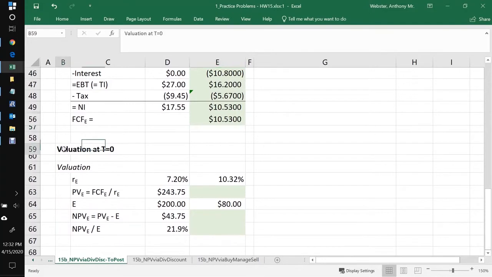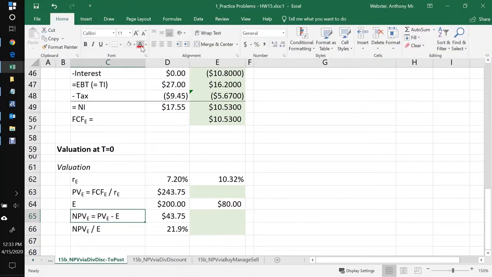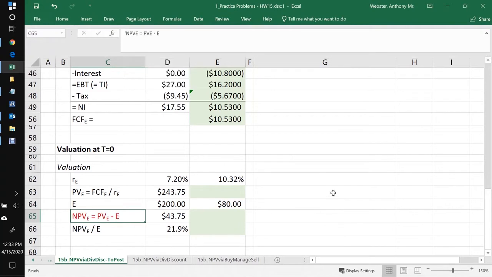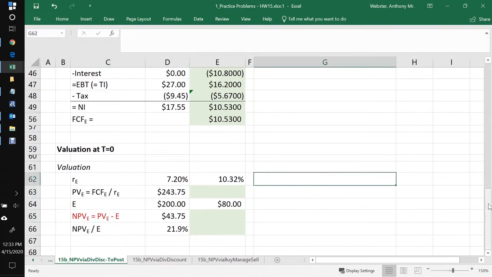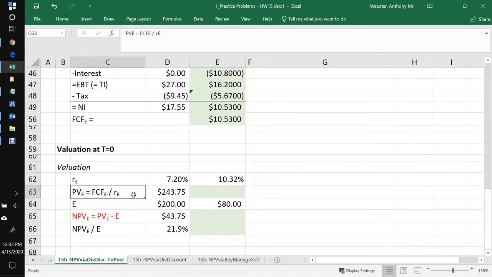So now we are ready to finally value the firm. The purpose of this whole exercise has been to find the NPV and see if this is a good project for the firm. So that's what we've been working toward. I have a copy of our cost of equity capital down here just for convenience. And now I need to get the present value of all the future cash flows that we're going to enjoy as owners of this firm going out to infinity.